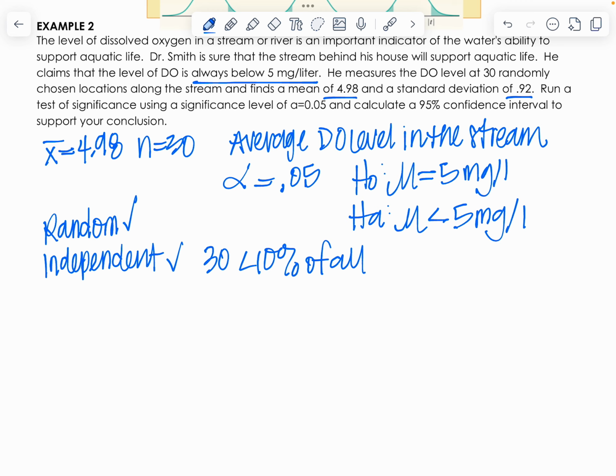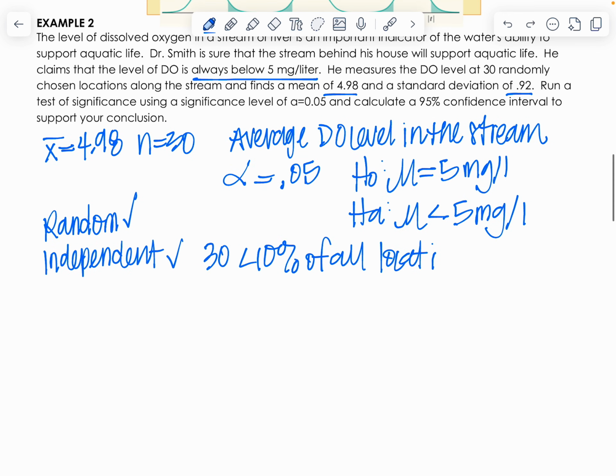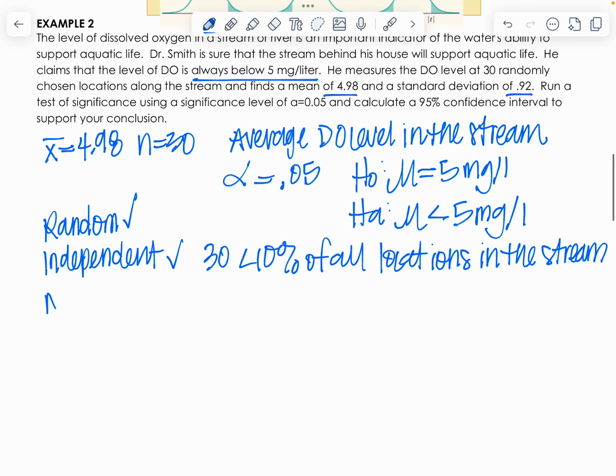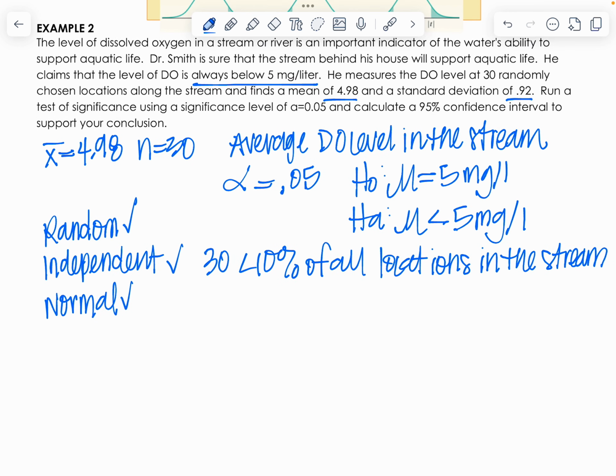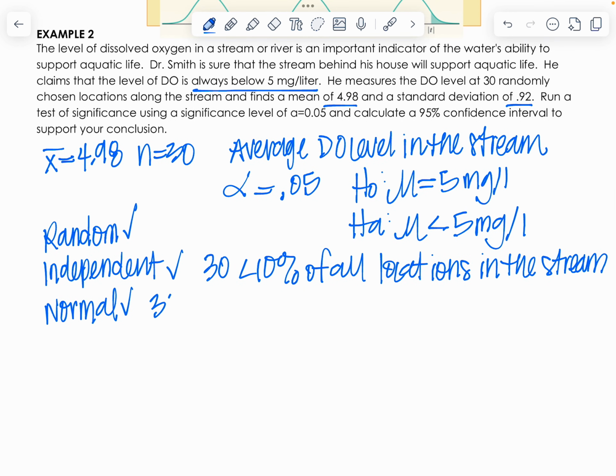In this case, he sampled locations in the stream, so it would be less than 30% of all locations in the stream. All right, and then normal. This is where it saves us time. Normal, yes, because 30 is equal to 30. Okay, so now we can move on.